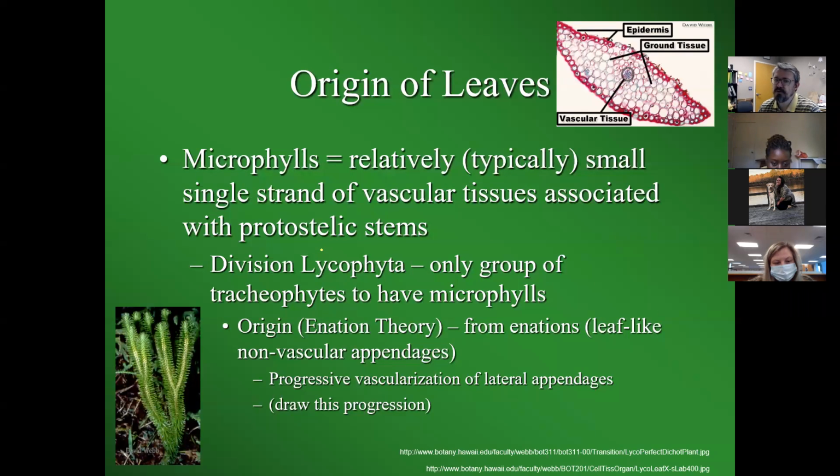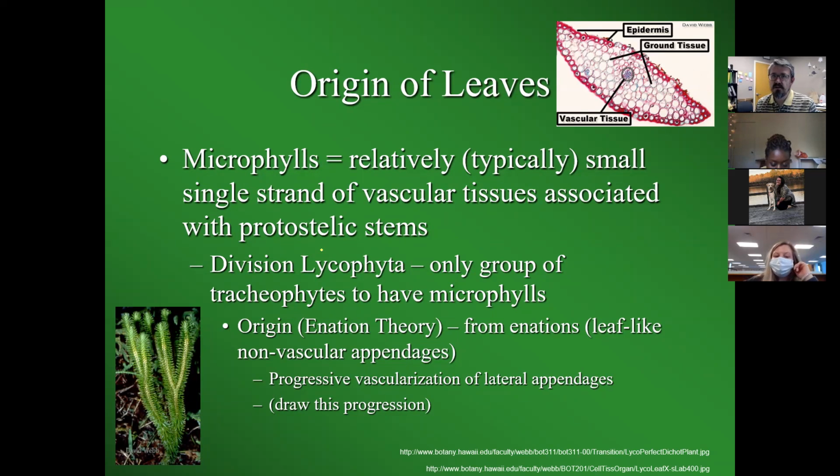They're the only group of tracheophytes, I shouldn't say only, for the purposes of this class it's basically the only group of tracheophytes with a microphyll, maybe one other that we may mention. I'll try to bring up the exception to this rule when we come to it. But the reason I point this out is that division Lycophyta is the one I want you to think of. When you think of microphyll, think Lycophyta.